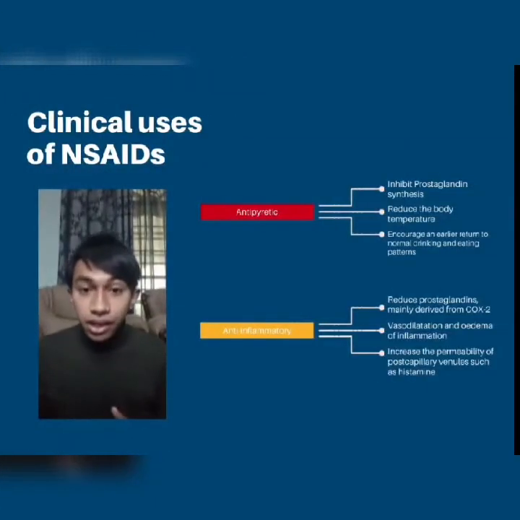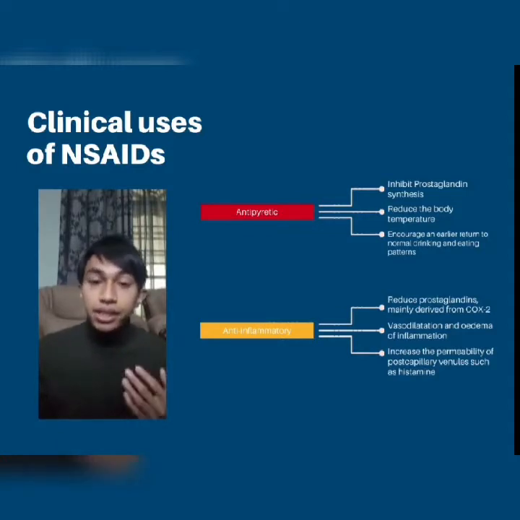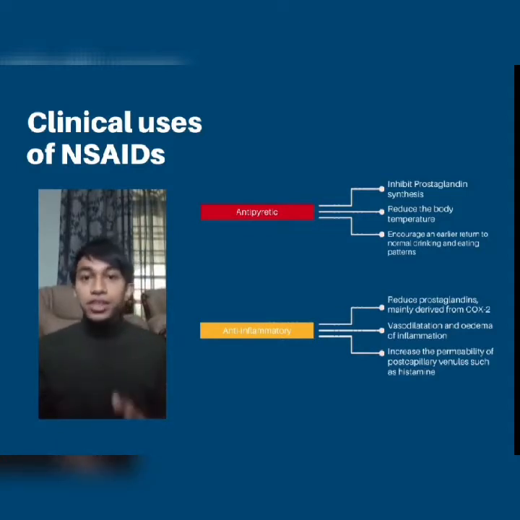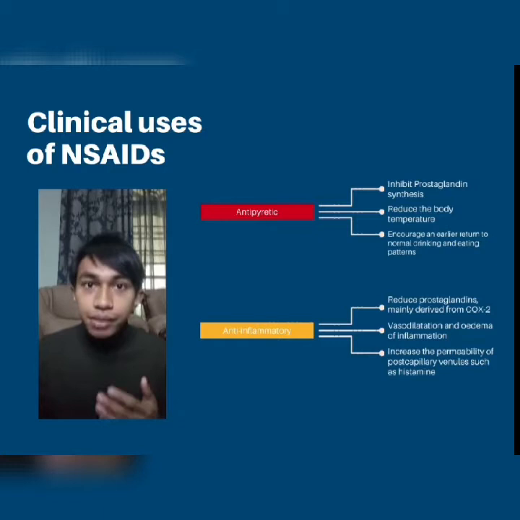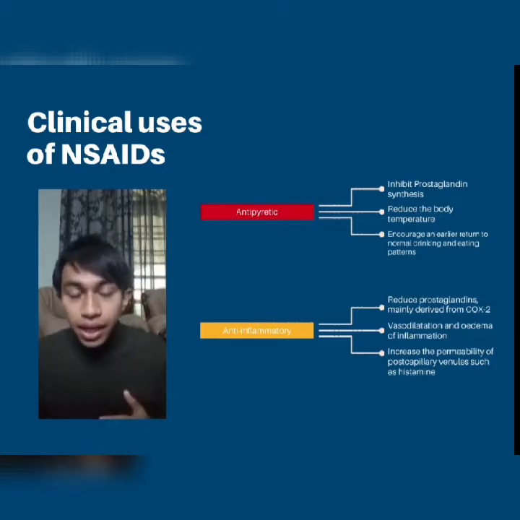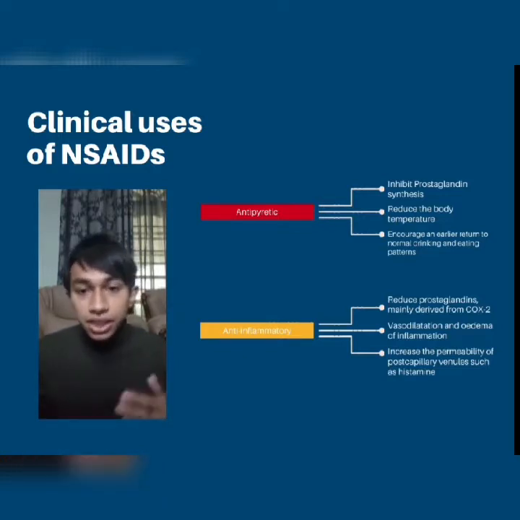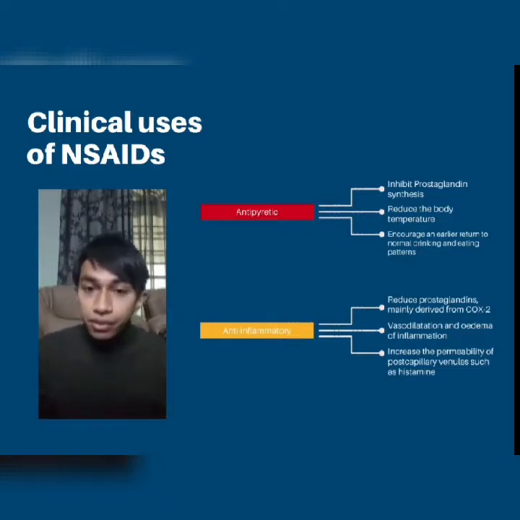Okay, hi everyone. I'm going to continue about the clinical use of non-steroidal anti-inflammatory drugs. For the first point, NSAIDs can be used as antipyretics that can inhibit the prostaglandin synthesis. The thermostat will be reset to normal and the body temperature will be lowered by increasing heat dissipation due to peripheral vasodilation and sweating.